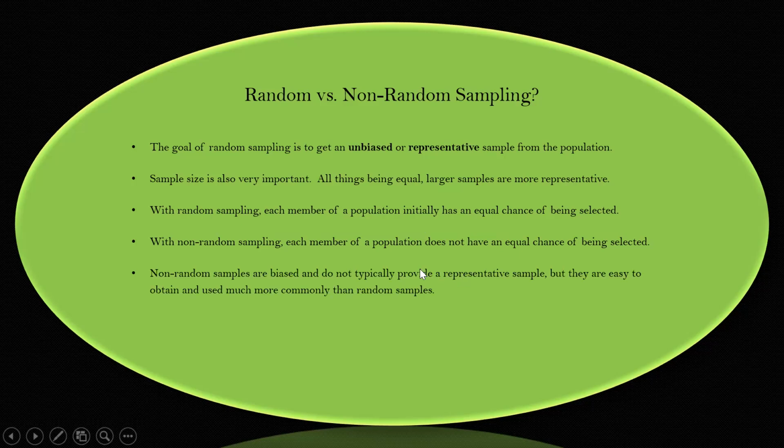Non-random samples are inherently biased, or they have the potential for that, and they typically do not provide a representative sample. So if your goal is representativeness, then non-random or non-probability sampling techniques are not the way to go. If you want ease, if representativeness is not your top priority, then maybe one of these non-random sampling techniques is the way to go. In fact, they are used far more commonly than the random sampling techniques are.